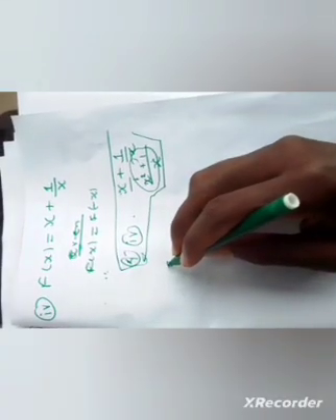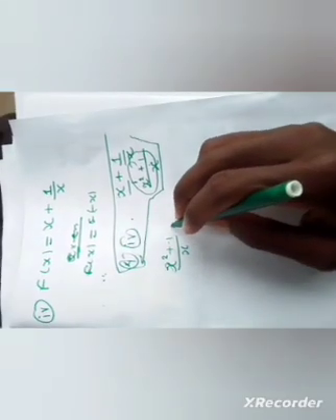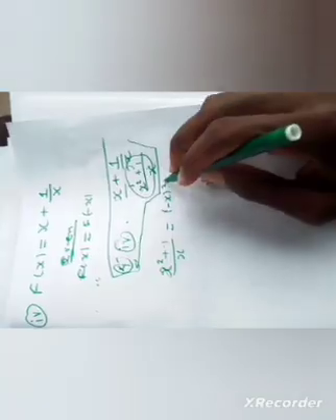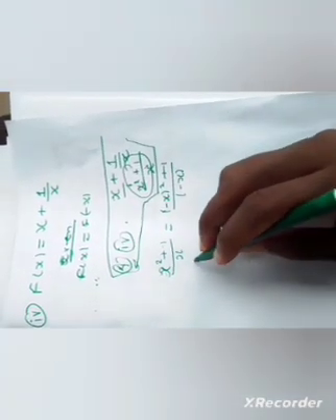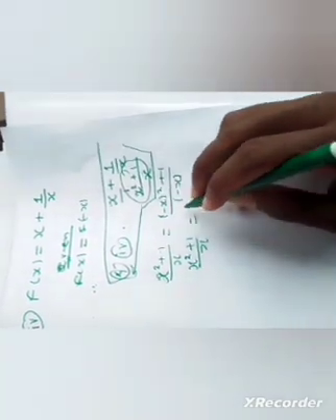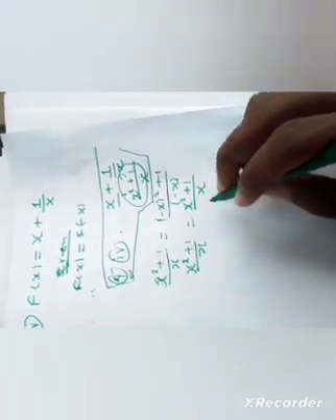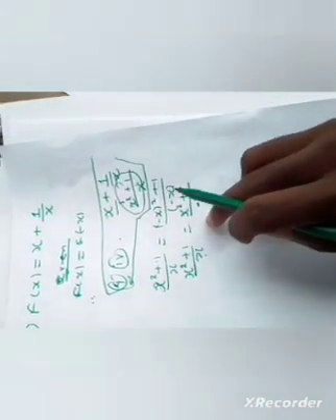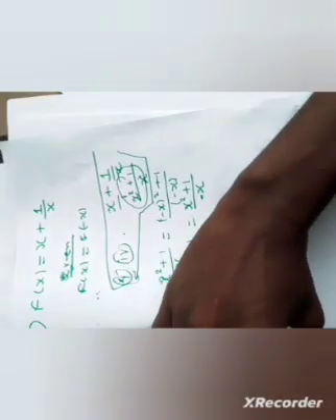I'll say if it is even, it should be equal to what I'll get when I put negative x where this x is. Now this will be a negative. So this is not even, because the one on the right side is having a negative on the denominator part.